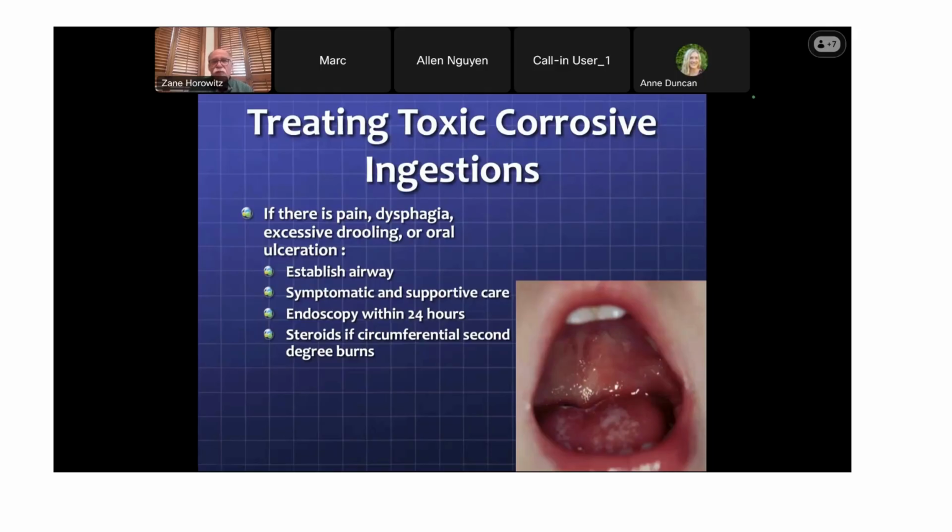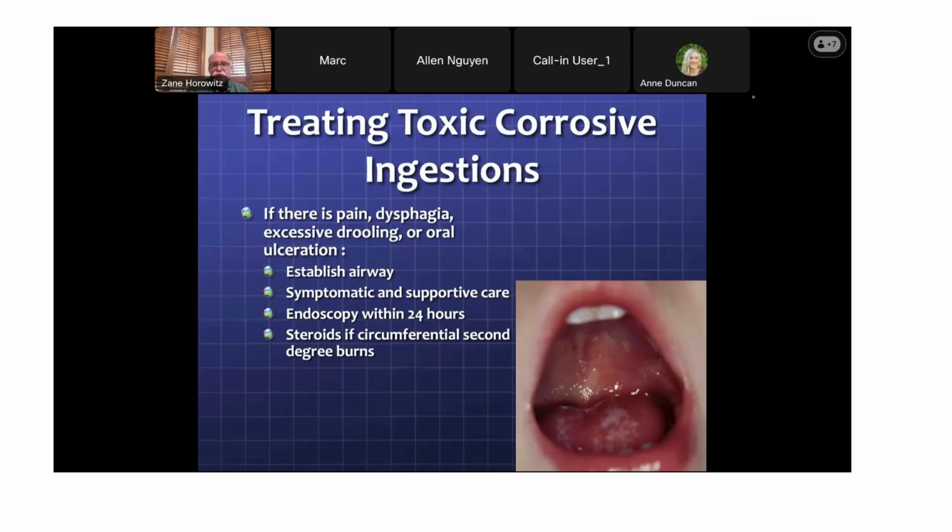There's a growing body of literature, it's not huge, that if there's type 2 burns or lesions that are circumferential, meaning all the way around the esophagus, giving IV steroids for anywhere from 1 to 3 days may prevent the formation of strictures, which may require the placement of a feeding tube or may require dilation, surgically later down the line. So if we can prevent that, that's great for long-term complications.